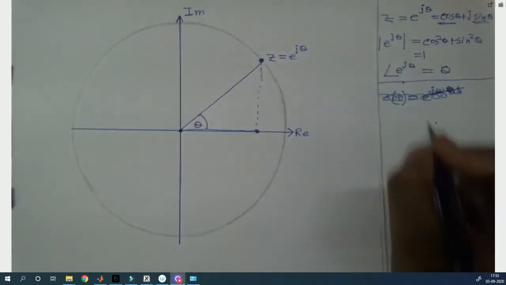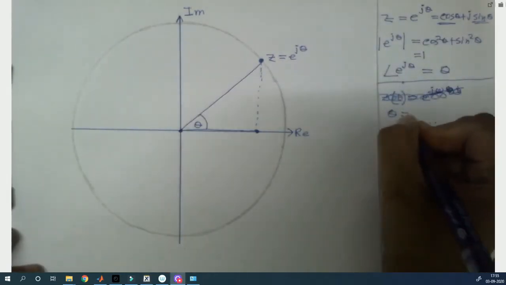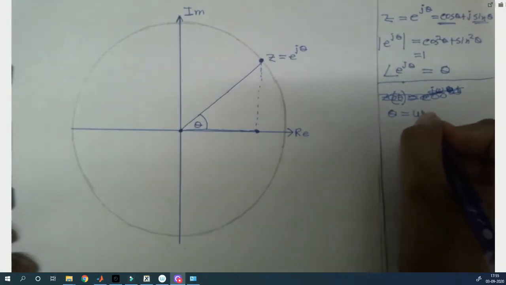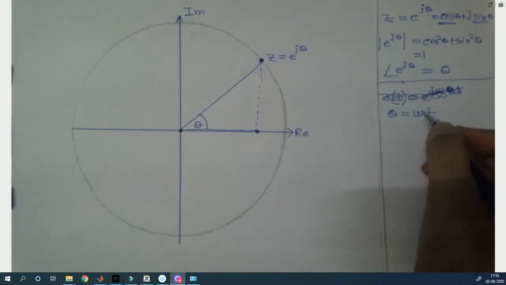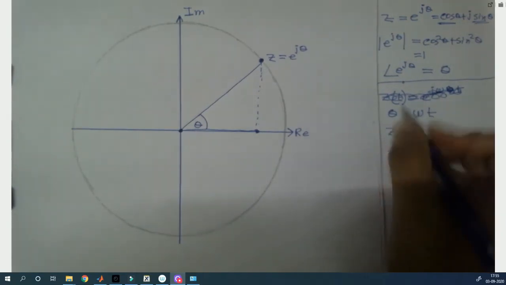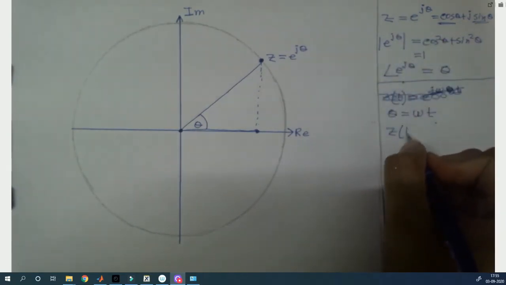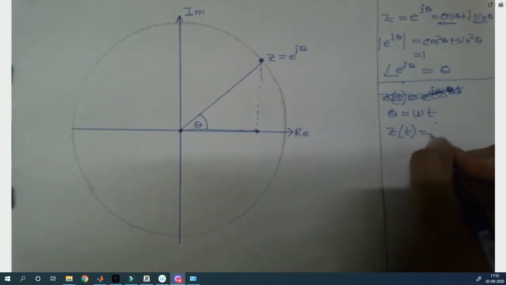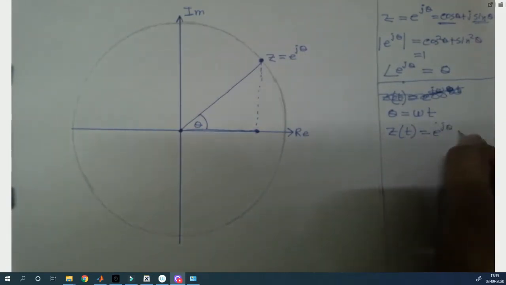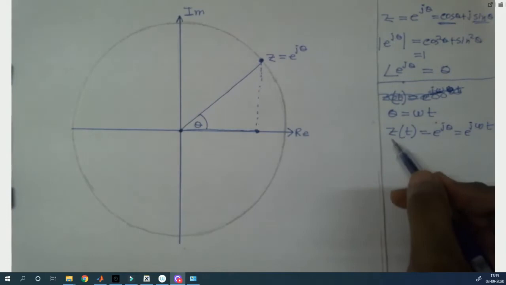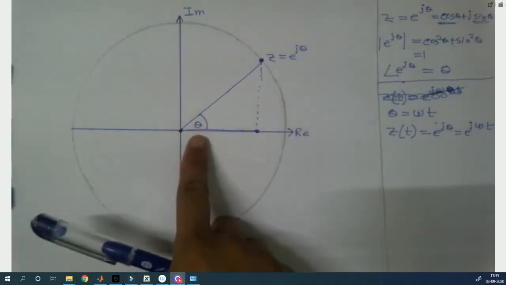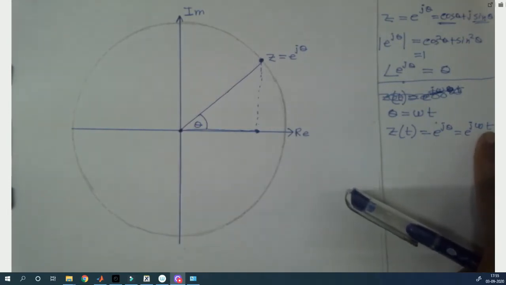Now consider theta as a function of time given by omega t. Omega is a constant. Then this number z will also be a function of time, given as e to the power j theta, or e to the power j omega t. So this point will change its location on the complex plane as time changes.